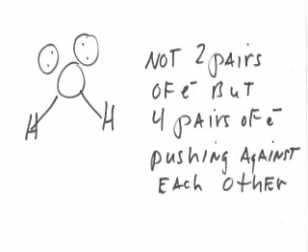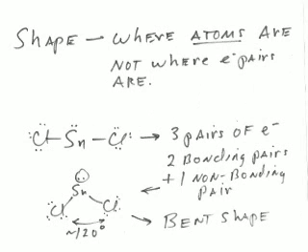We actually have 4 pairs of electrons trying to get away from each other. And so the 2 bonding pairs do not end up 180 degrees apart. Instead, they're trying to get away from the other 2 lone pairs as well as the other bonding pair. And so they do not end up 180 degrees. They go into a bent arrangement.